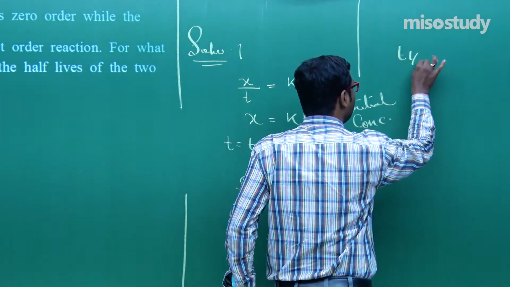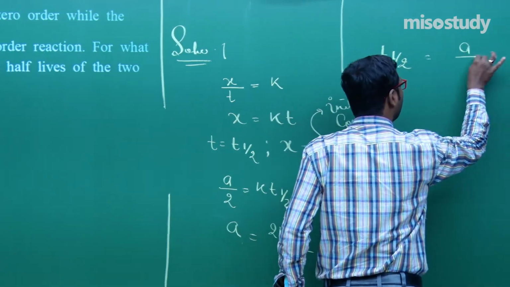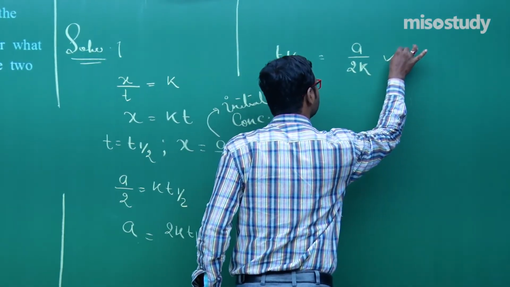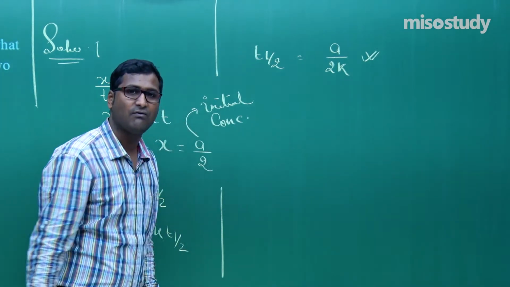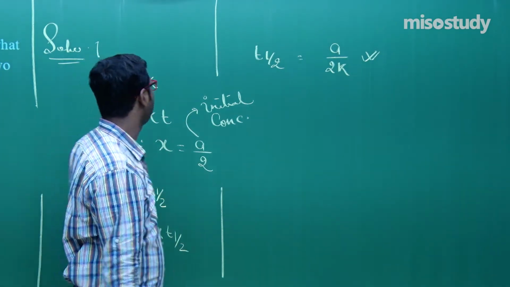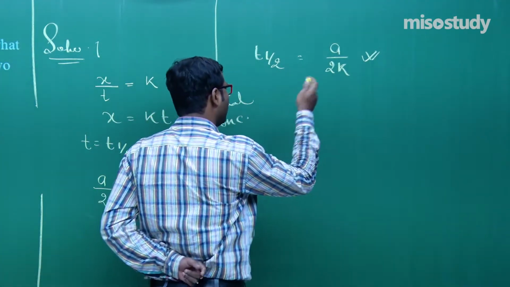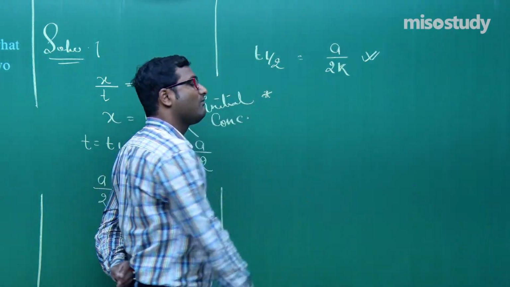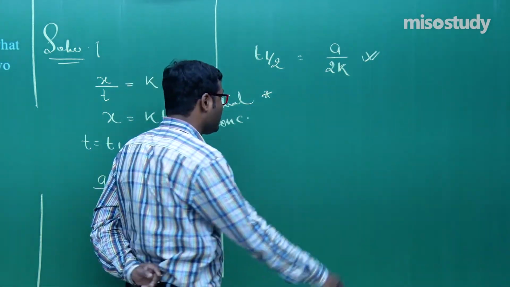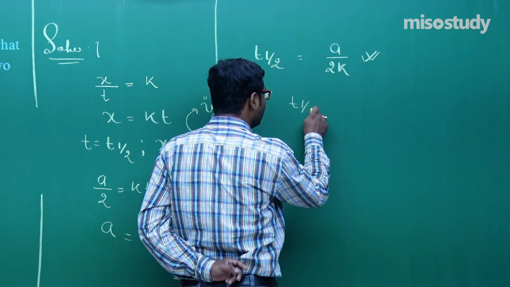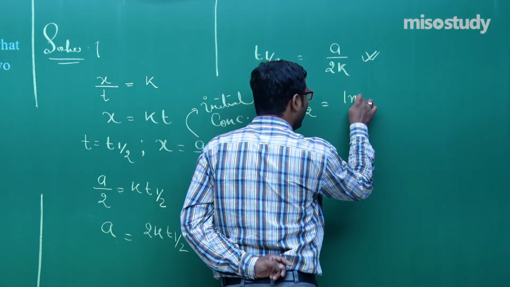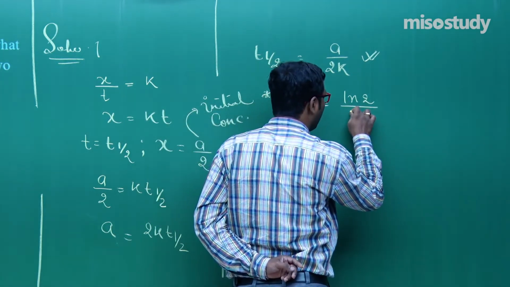T half will be equal to a upon 2k. This is the expression for t half for the first reaction. Now let's move to the next one, that is the first order. For a first order reaction, t half is equal to, we all know, ln 2 upon k.